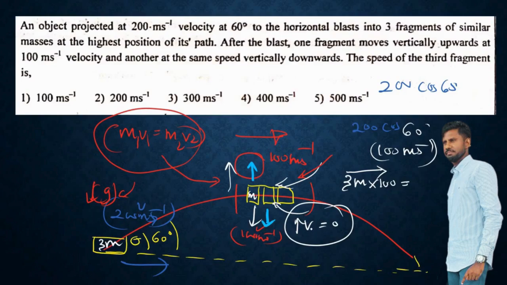So vertical linear momentum at the beginning is 0 and at the end it's 0 as well. So upwards and downwards cancel off, so no vertical momentum. So the third particle will not have any vertical motion, right? So 3m into 100 equals m into v1 in the horizontal direction. So we can conclude it's 300 meters per second.